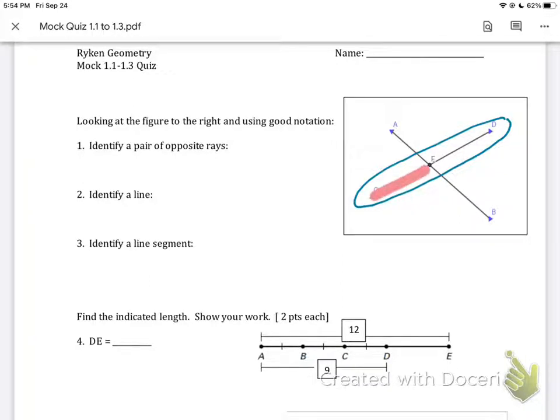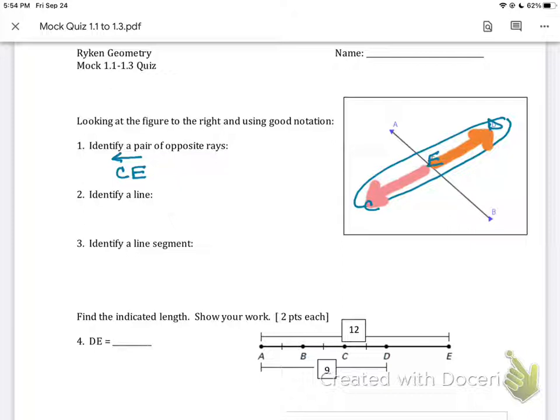Okay, this is a ray, and the opposite ray is going to be this one. All right, so I'm going to write those down. So what you have loaded right here, this is a C, this is an E, this is a D. Okay, so my pair of opposite rays are CE with the ray symbol going this way, because that's where the arrowhead is in our figure.